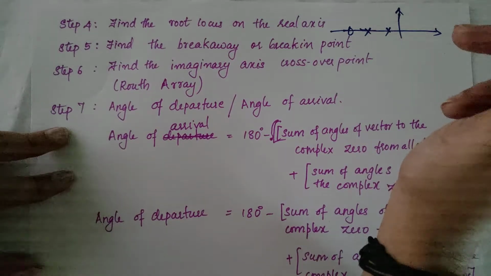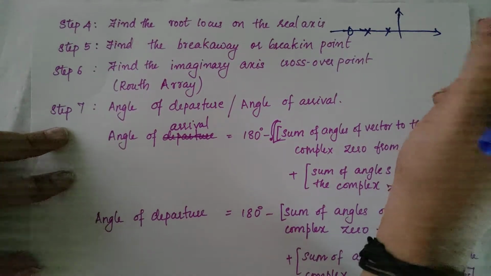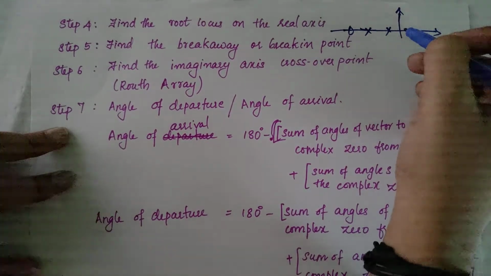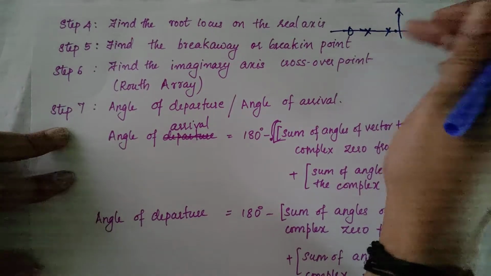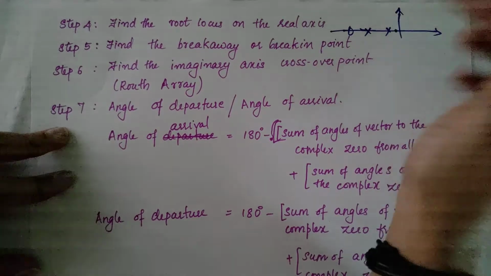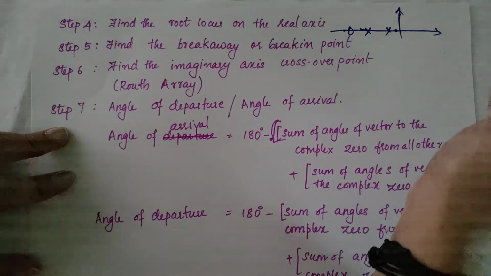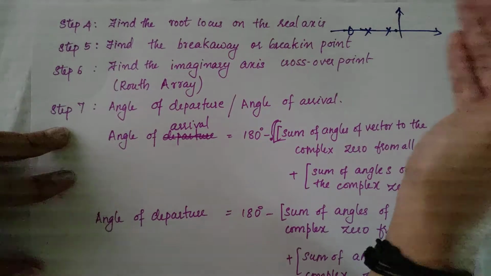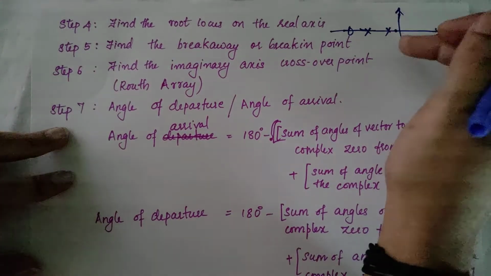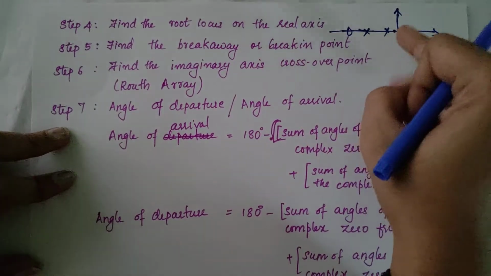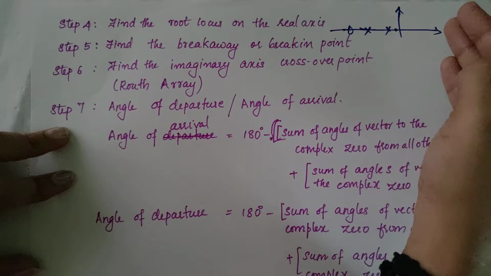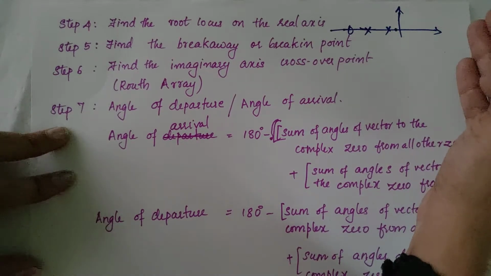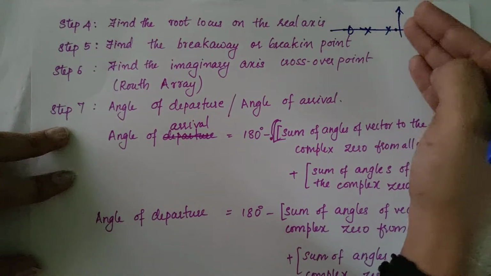To find the location of the root locus, take a point in the first part. I have marked a point and look to the right side of the point. I have taken a point here and try to find the number of poles and zeros on the right side of the test point.